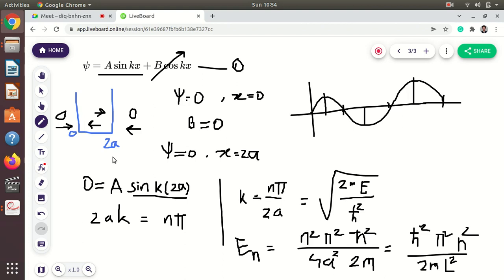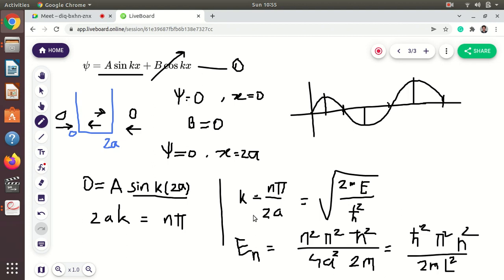When you solve problems in quantum mechanics, the wave functions or the conditions are given. Let's say for an electron in an atom, there is a potential well of some angstrom, let's say 2 angstrom. So you have to put the value 2 angstrom or 3 angstrom, whatever value is given. So that is our value of L.